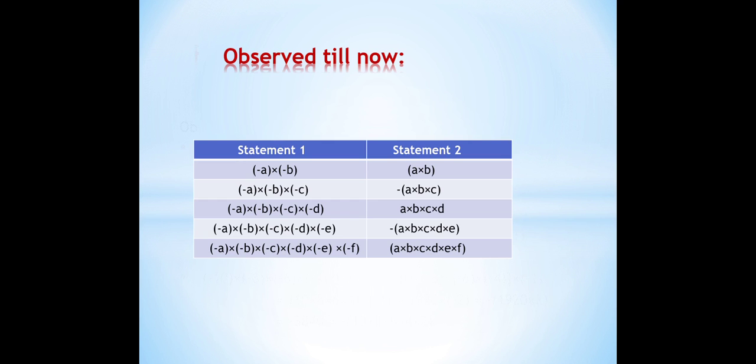So we can say that when we are given negative integers to multiply, we will simply multiply them as whole numbers. Then after that, on counting the number of negative integers, we will put the minus sign or positive sign.